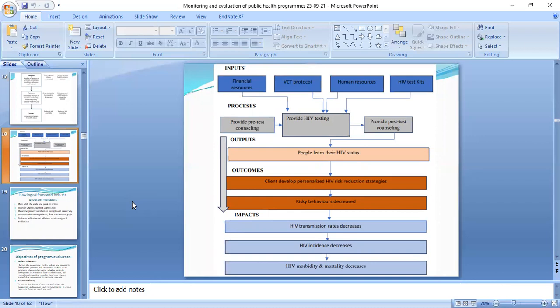The process is to provide pre-test counseling, provide HIV testing, and provide post-test counseling, and in outputs, we will have people who have learned their HIV status. Then the outcome is that clients develop personal HIV risk reduction strategies and risky behaviors are decreased. And at the end is the impact, that is our goal: HIV transmission rate has decreased, incidence has also decreased, and HIV morbidity and mortality decrease.